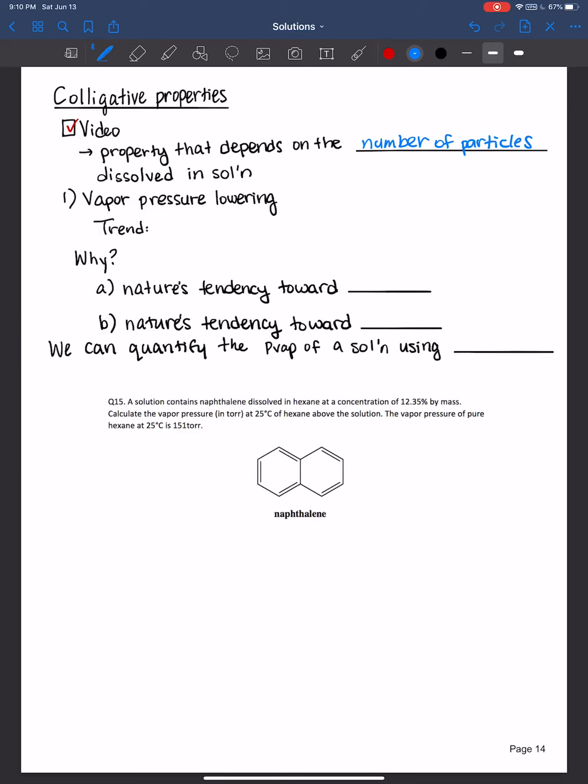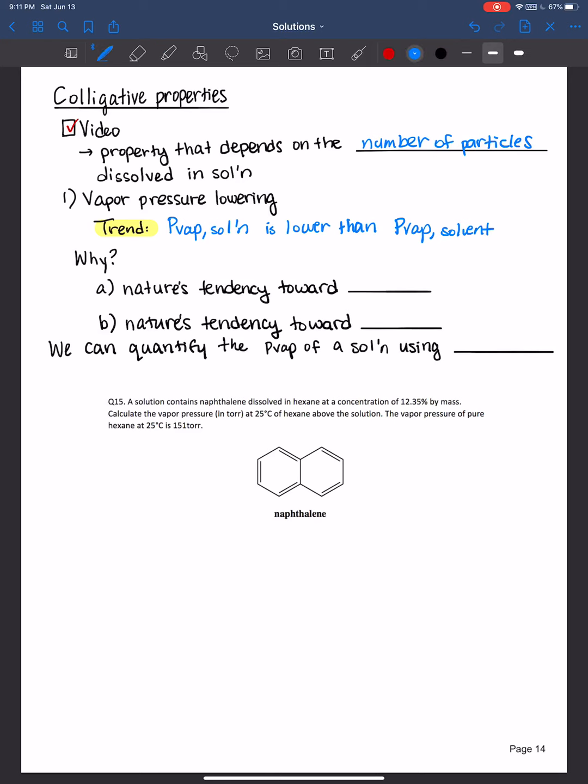So the vapor pressure lowering, as was said in the video, the trend is the vapor pressure of the solution is lower than the vapor pressure of the solvent. Why is that? Well, let's think about what we've been discussing in previous videos.